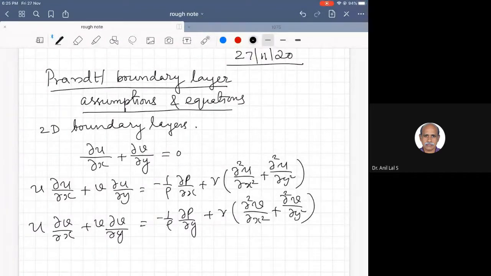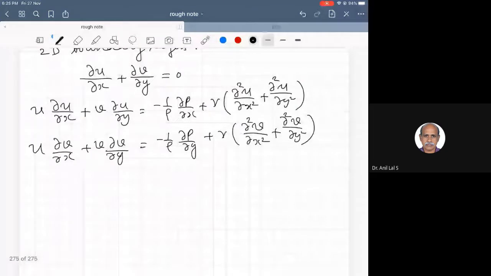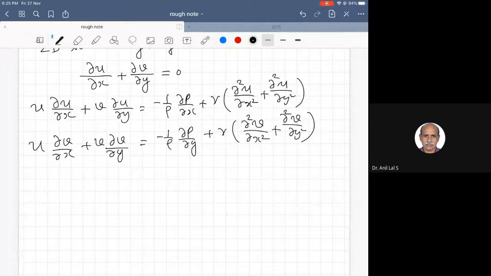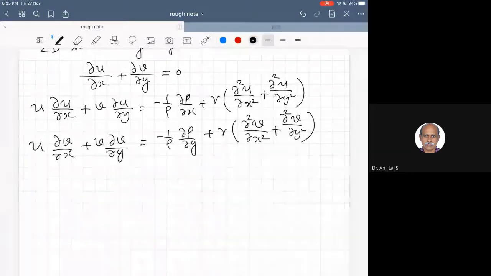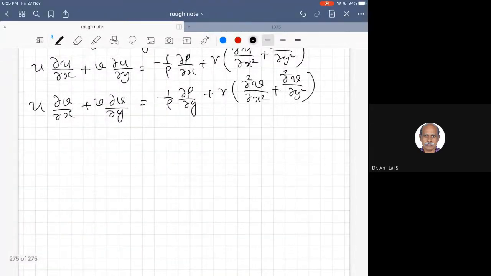So Prandtl has made certain assumptions for the boundary layer flow, such that these equations are simplified, so that it can be solved much more easily compared to solving the Navier-Stokes equations, at least for the boundary layers. So I will draw the schematic of a boundary layer over a flat plate.